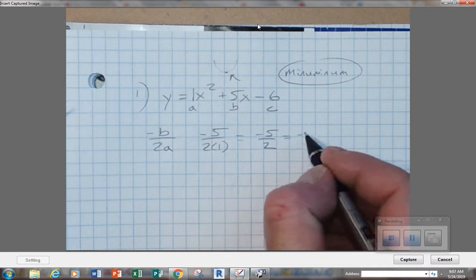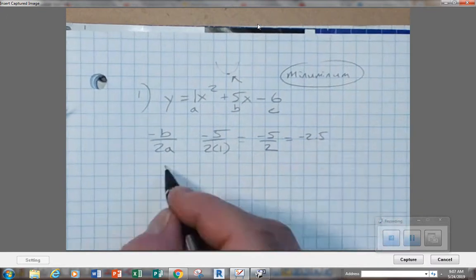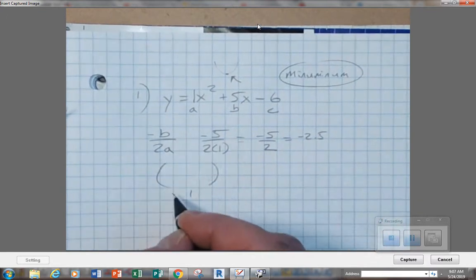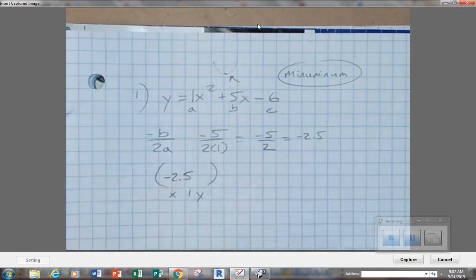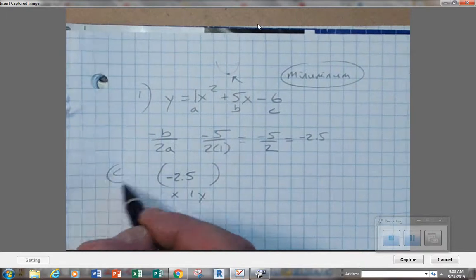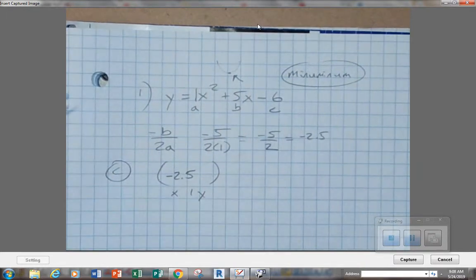That is the x value, remember. Right away you could look at those choices and see that the only one that says a minimum and has negative 2.5 is going to be C. So I know this one right away is going to be C.